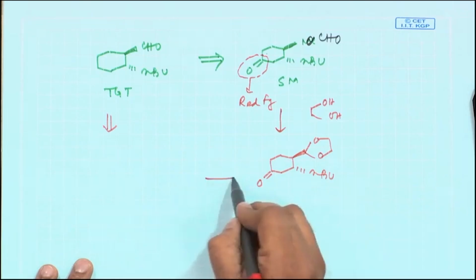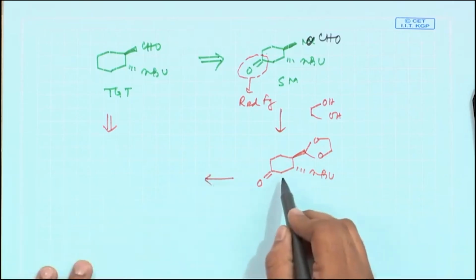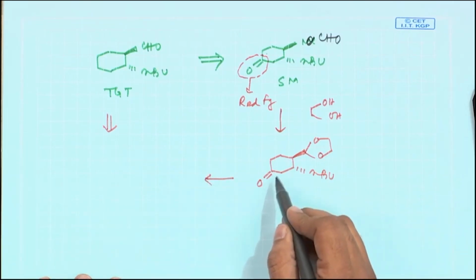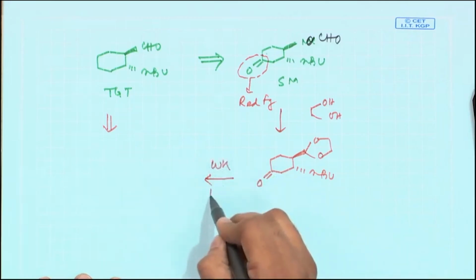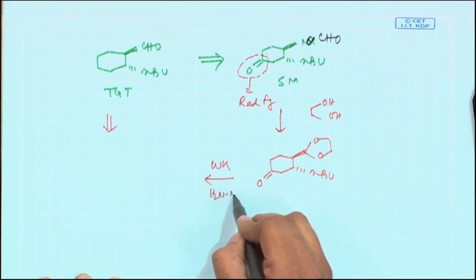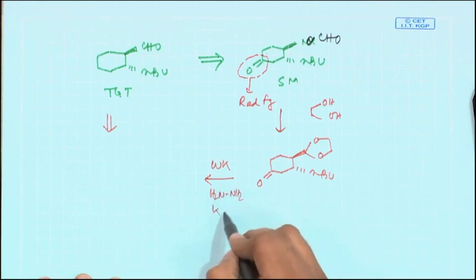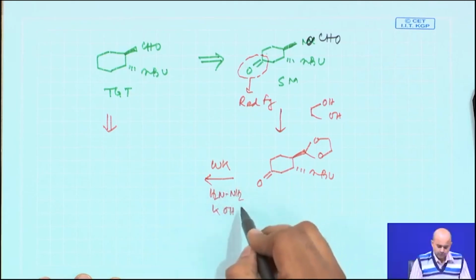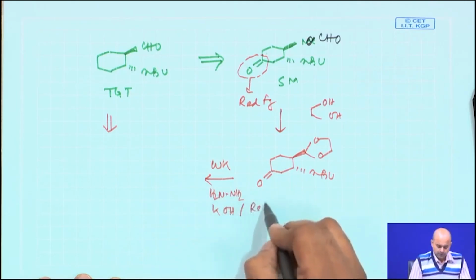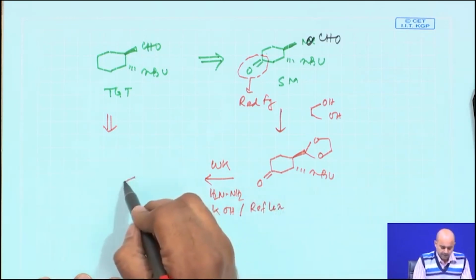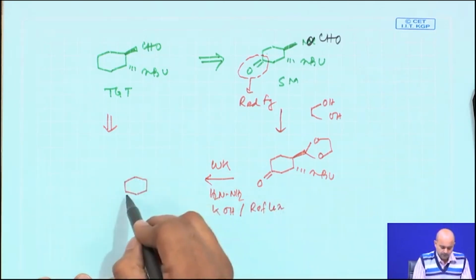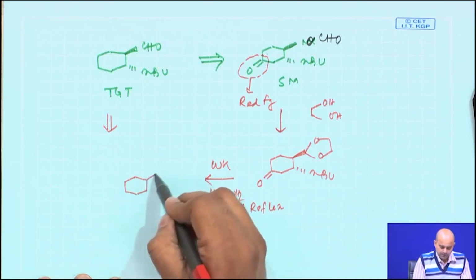Now, there is absolutely no problem in this Wolff-Kishner reduction. So, now you do the Wolff-Kishner reduction, the reagent is hydrazine hydrate and KOH is used as a base, and you reflux this whole thing, and then you will find that this part will now be deoxygenated.